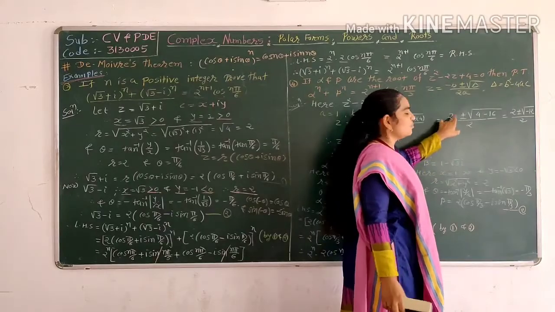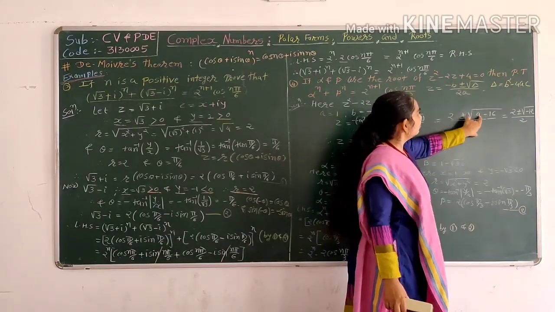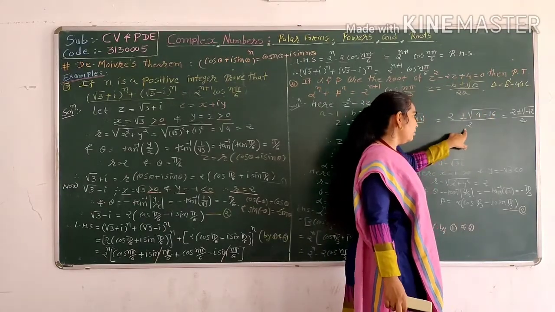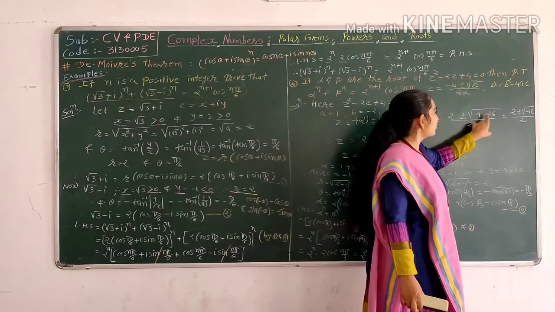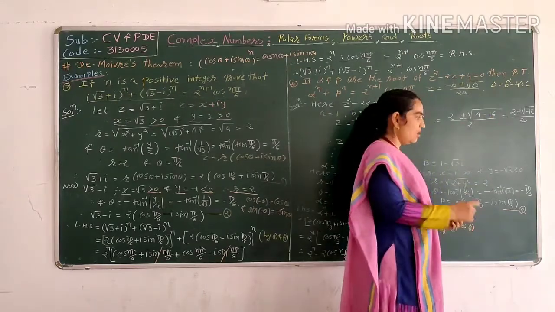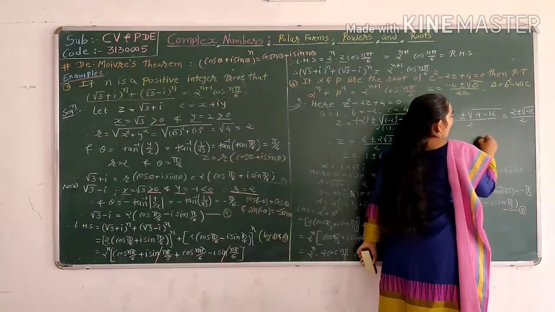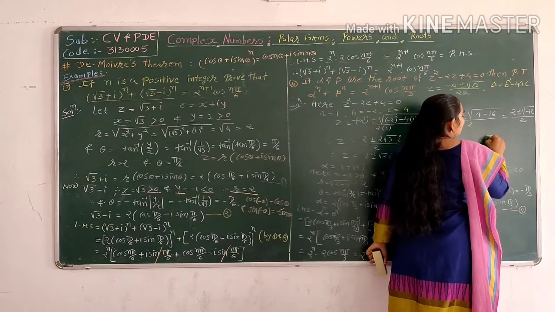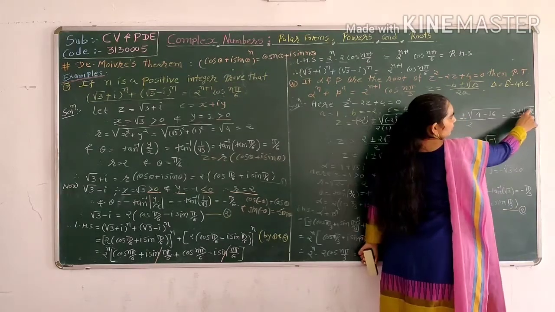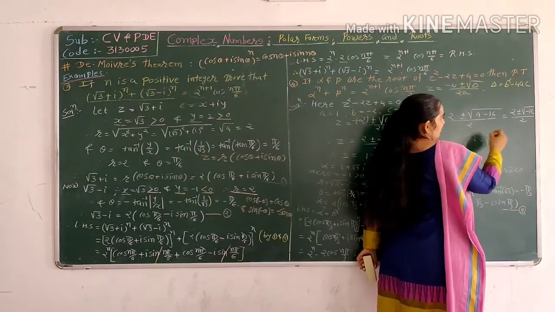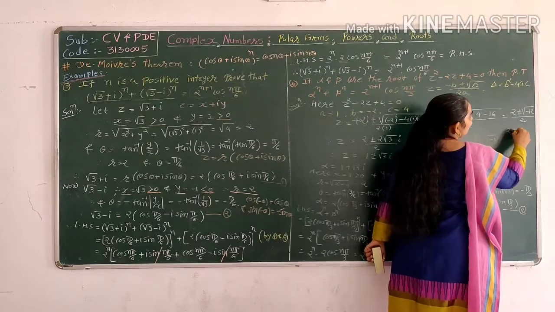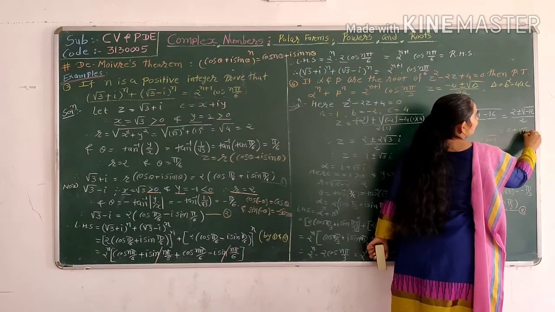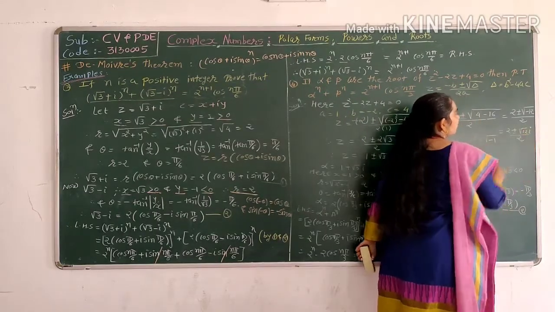Therefore we can write 2 plus or minus under root 4 minus 16, divided by 2. 4 minus 16 we can write as minus 12. Now we know that i is equal to under root minus 1, that means under root minus 1 is equal to i. Therefore we can write 2 plus or minus under root 12 i divided by 2.